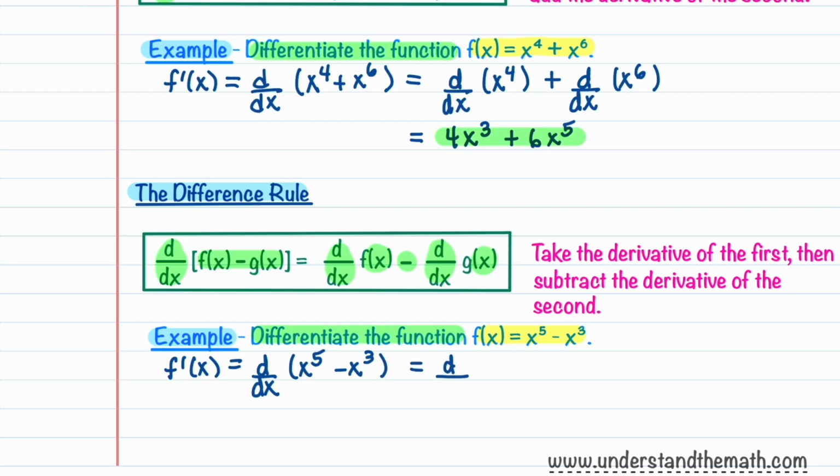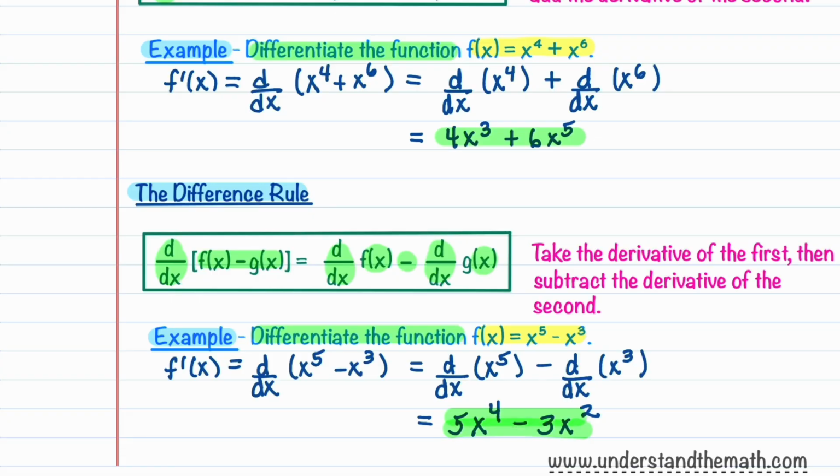This is just the derivative with respect to x of our first piece, x to the fifth, minus the derivative with respect to x of our second piece, x cubed. This is then 5x to the 5 minus 1, which is 4, minus 3x to the 3 minus 1, which is 2. And there's our derivative.